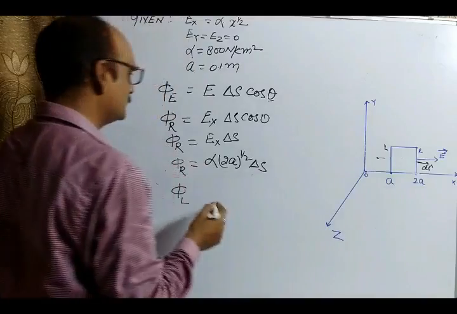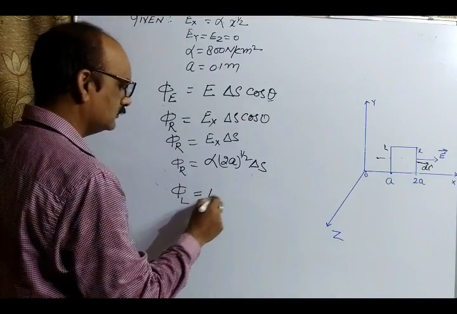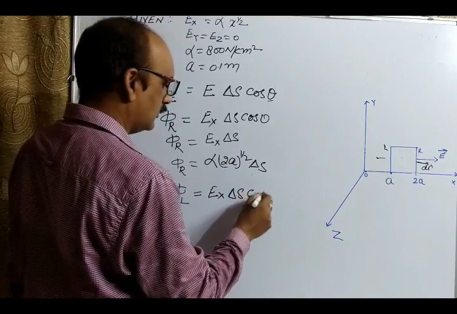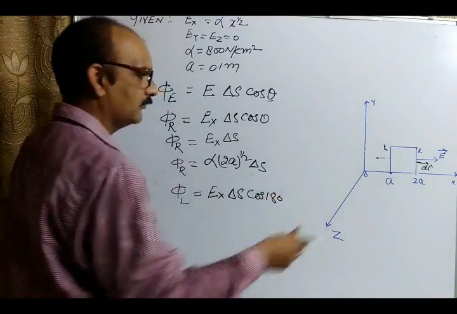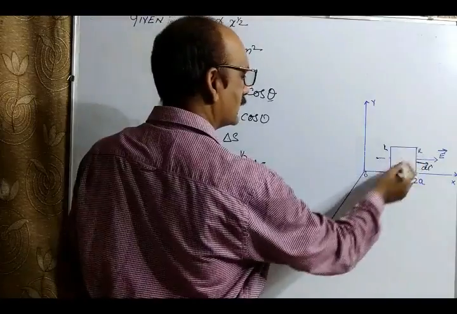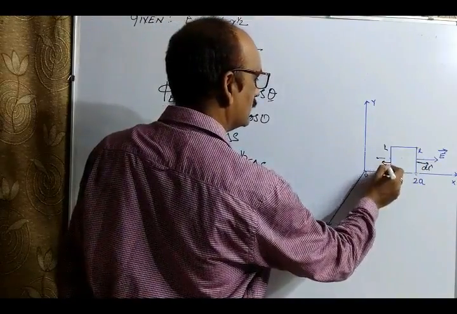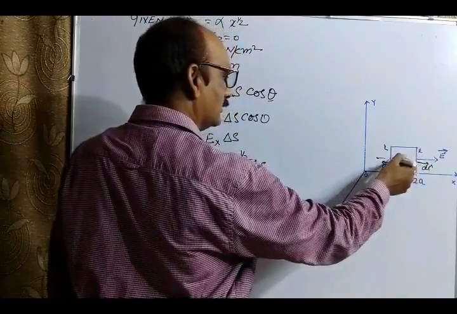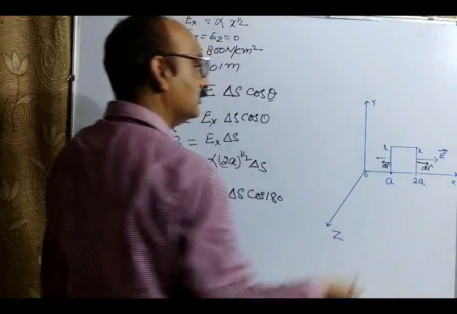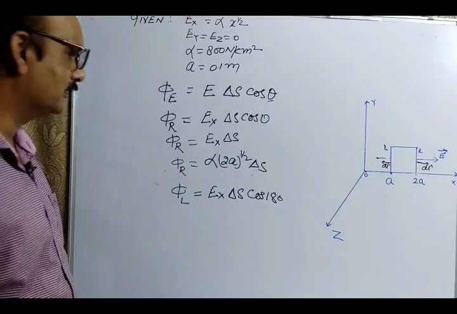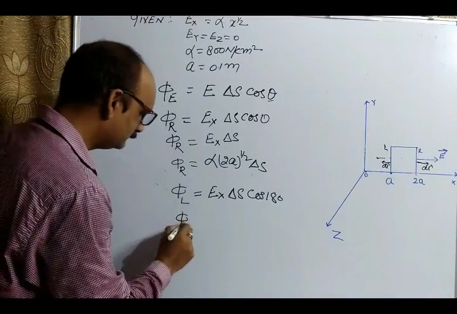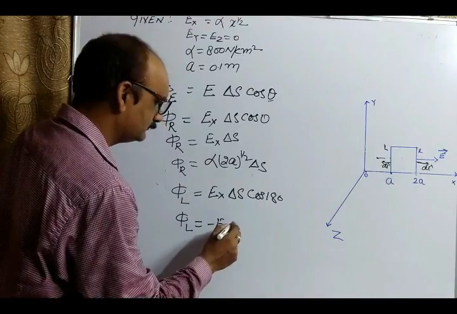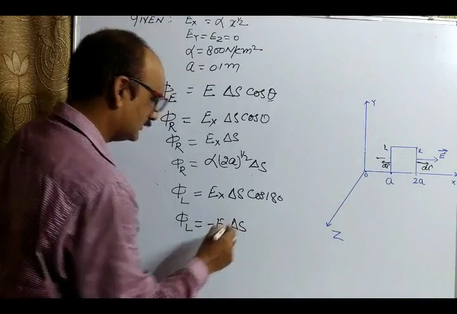For this surface, phi L equal to Ex delta S cos 180 degree. Why? Electric field is in this direction and area vector is in this direction, so how much will theta be? 180 degree. So phi L equal to minus Ex delta S.